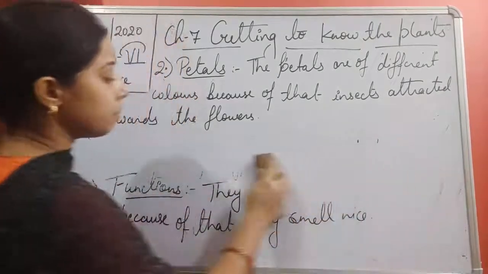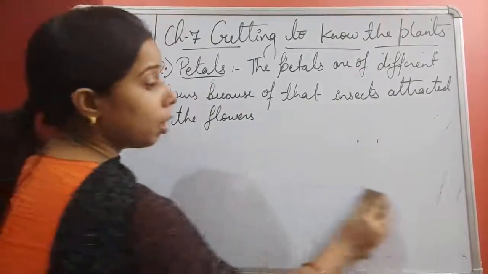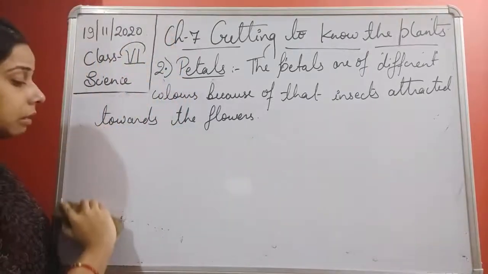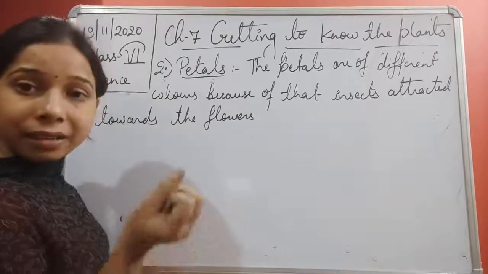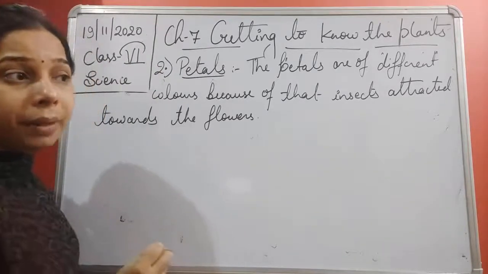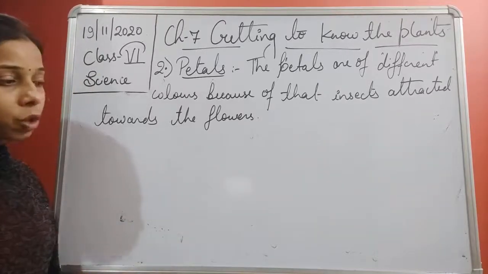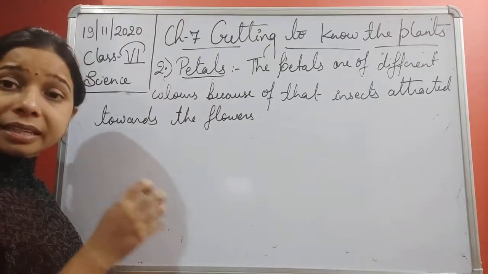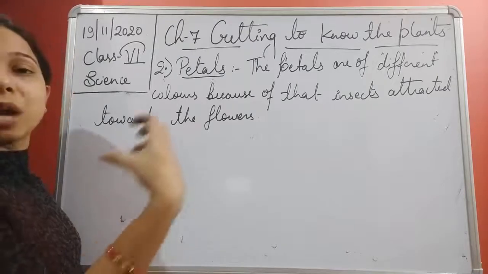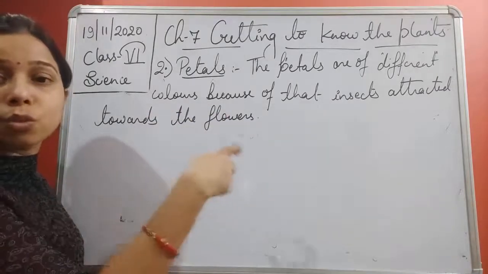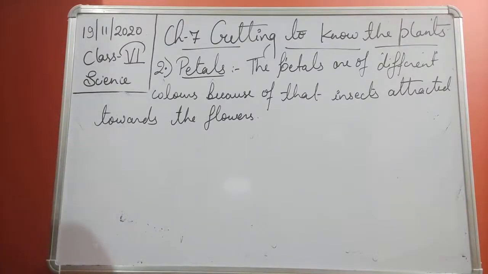Basically, you see students, petals play a very important role in the process of pollination, because the petals are brightly colored, so the insects get attracted towards the flower, and ultimately the pollen grains, we will talk about the pollen grains in the next topic, get stuck to the body of the insects and help in transferring the pollen grains from one flower to another, and that process is known as pollination.